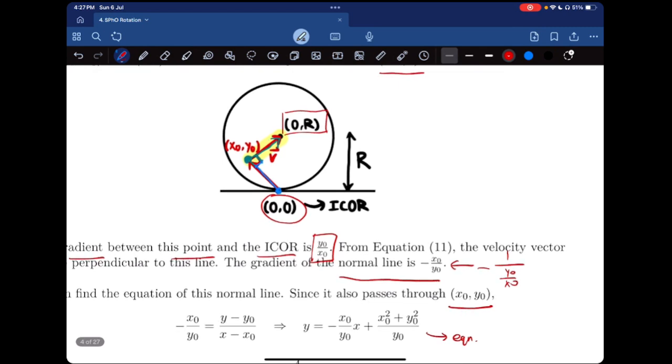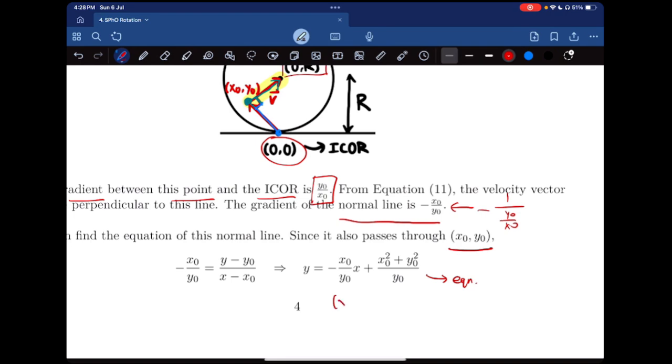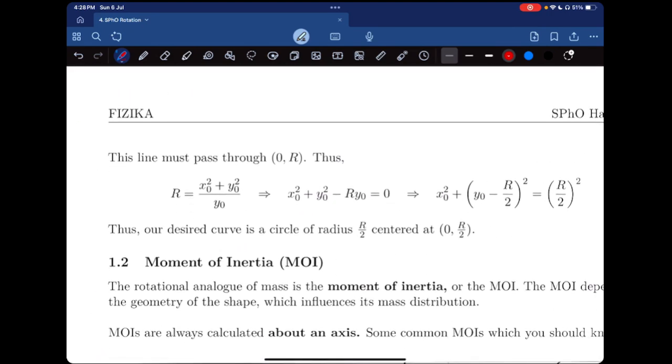And from this diagram here, you can see that the most convenient y and x you can plug in will be x, y, because it's 0, r. And plugging that in, you will get this. And you can see that's exactly what I did here.